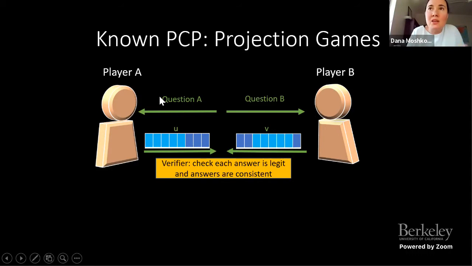Maybe those variables also span various constraints, so it's going to check all the constraints that those variables span. It's also going to check all the constraints that are spanned by those V variables, and it will compare the answers in the intersection that the 2 questions have in common. Okay, so this is what's known as a projection game. Why is it projection? The projection is like this light blue part, right? In the end, what we do is we check the projection of the 2 answers to the intersection.